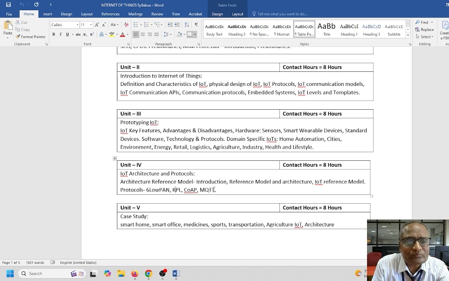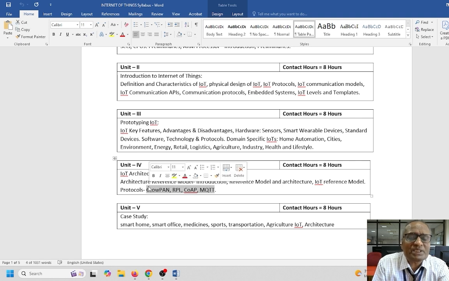These are scaled-down versions or specially designed IoT protocols so that low power and low energy are used, because these systems are battery operated devices, so energy or power consumed should be very little.